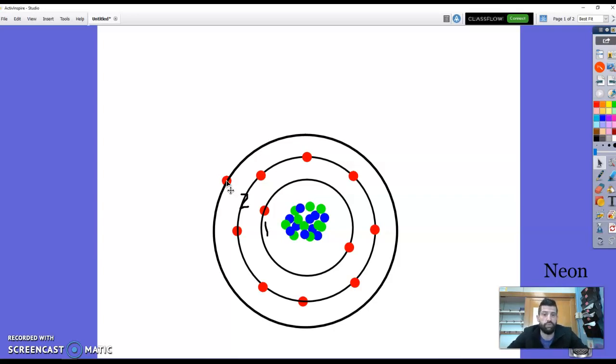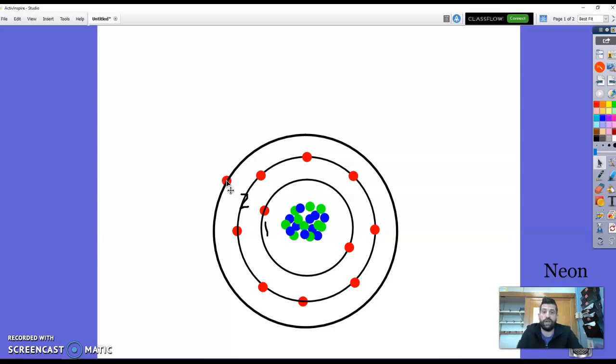So for now, we want to know that there are those 8 spots available in the third ring. Again, ring 1 holds 2. Ring 2 holds 8. Ring 3 holds 8. And we'll just continue that pattern, so 8 from here on out.